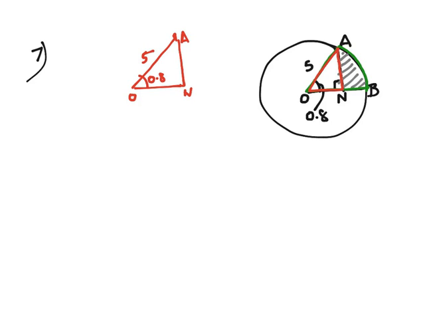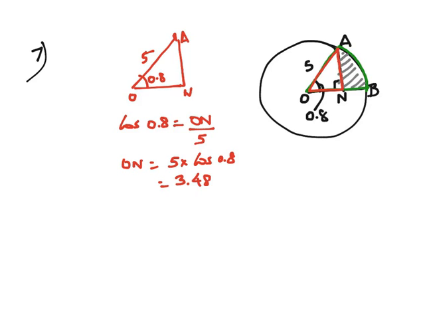So I can find ON. So cos 0.8 equals ON by 5. So ON is nothing but 5 times cos 0.8, which is approximately equal to 3.48.